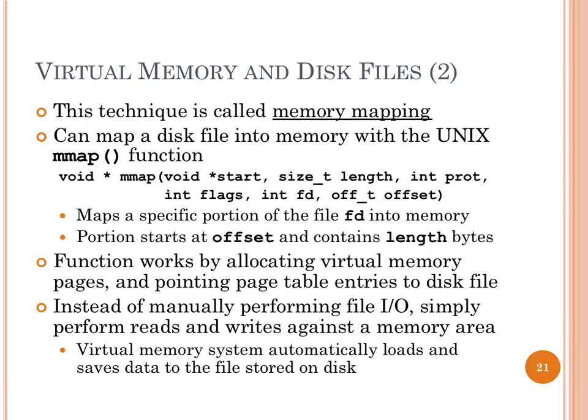The reason why I say this for everyone else in the class, if you don't have a lot of systems programming experience yet, is that standard input, standard output, and standard error also have file descriptors, 0, 1, and 2. A socket, if you open a socket, has a file descriptor. You can't really use sockets with this mmap call.